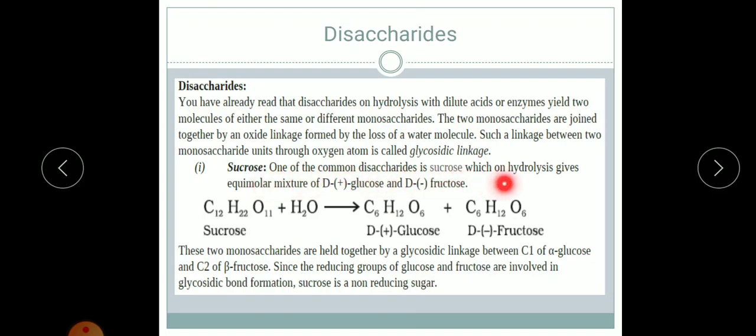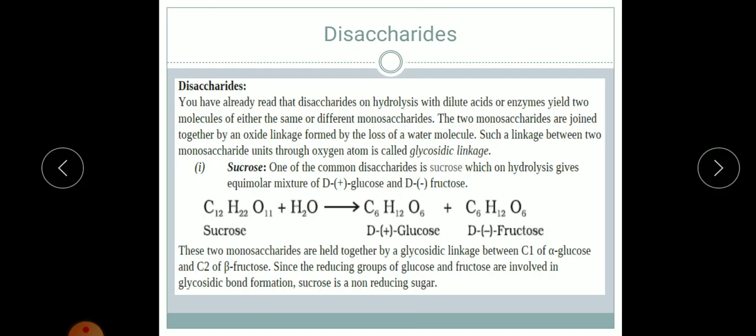So sucrose on hydrolysis will give you equimolar mixture of D-glucose and D-fructose. So when you hydrolyze sucrose, that is C12H22O11, it will give you D-glucose C6H12O6 and D-fructose C6H12O6.